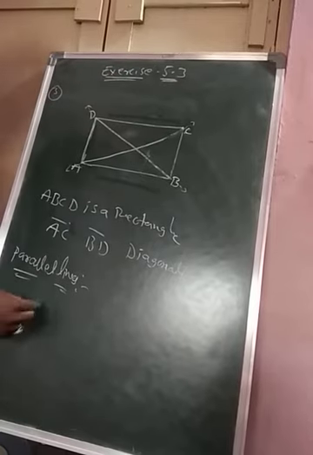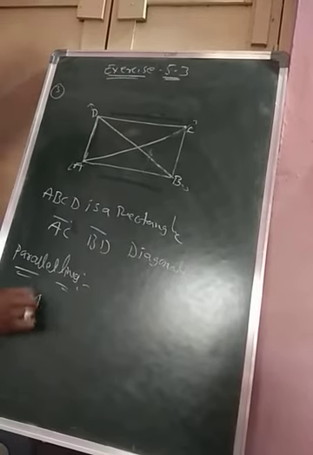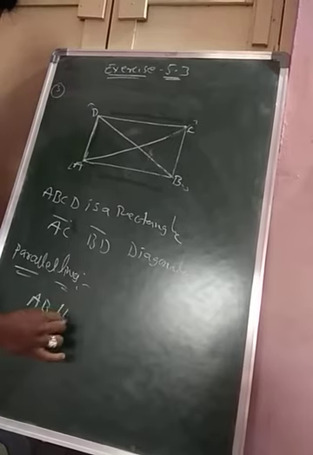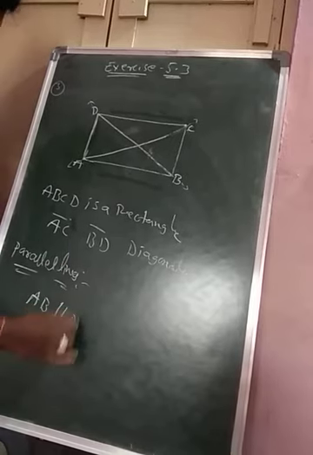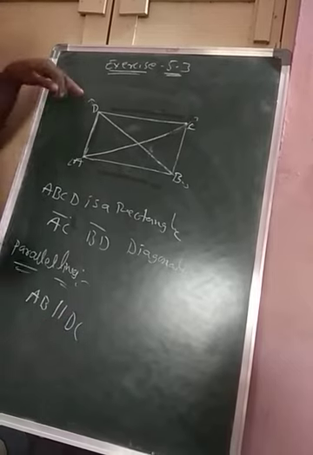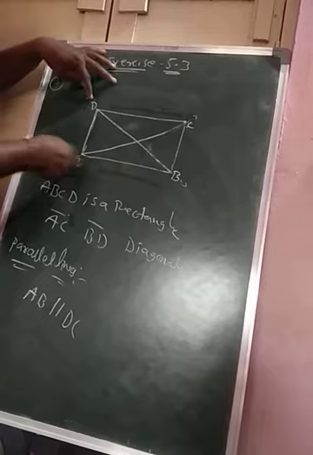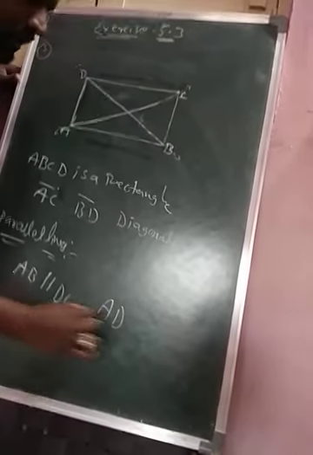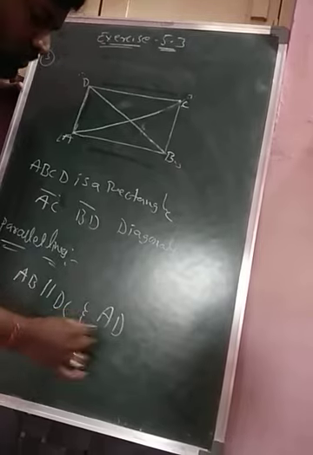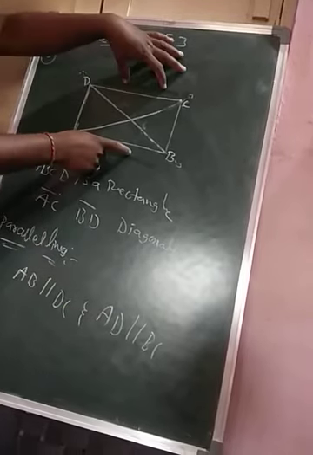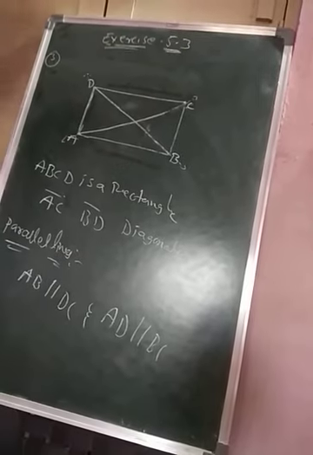So we can write: AB is parallel to DC. Like that only, AD is parallel to BC. So these two lines are parallel lines, and these two lines are also parallel lines.